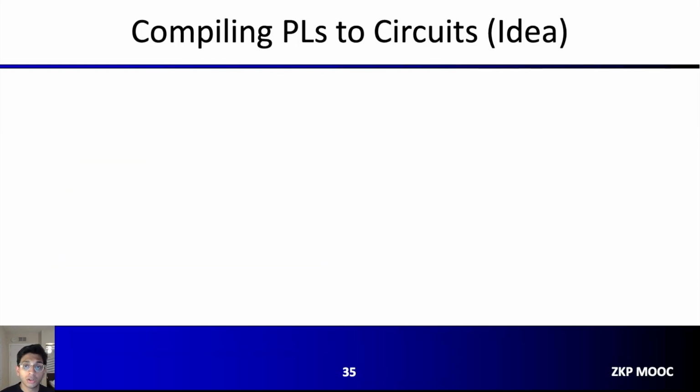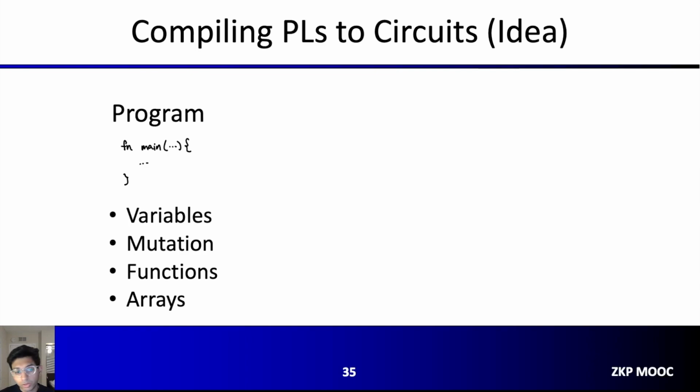There is a more ergonomic way, and that is to design and specify a high-level language which has the niceties of something like Rust, but doesn't require us to explicitly program R1CS or reason about individual variables. So we would write down a program in this high-level language, making use of nice features such as functions, for loops, variables, arrays, structs, and so on.